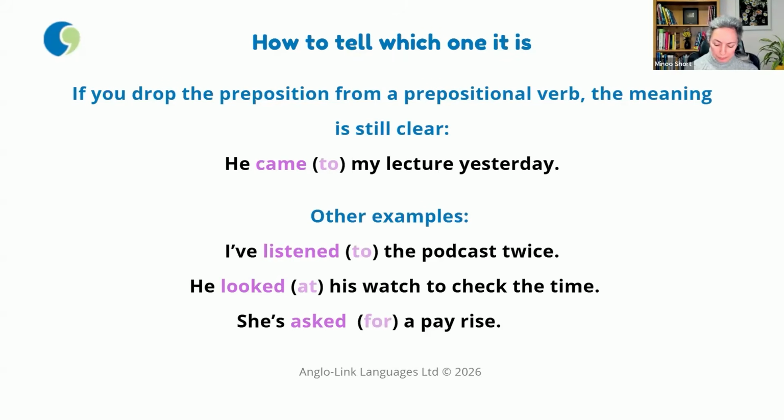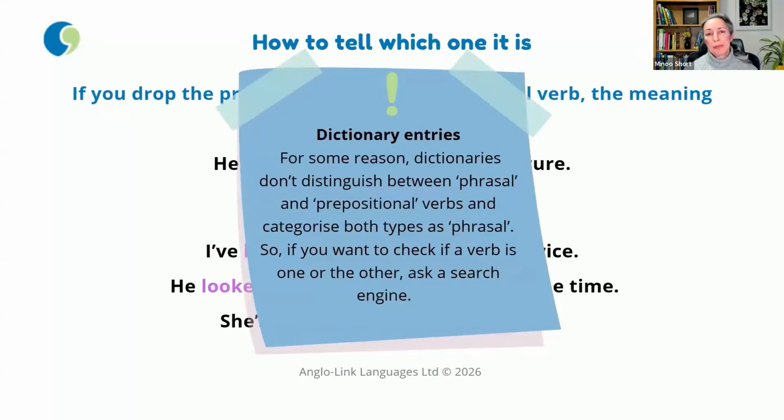Okay, now I need to mention something really important here, and that's about dictionary entries. For some reason, I don't quite know why, dictionaries don't distinguish between phrasal and prepositional verbs, and they categorize both types as phrasal.